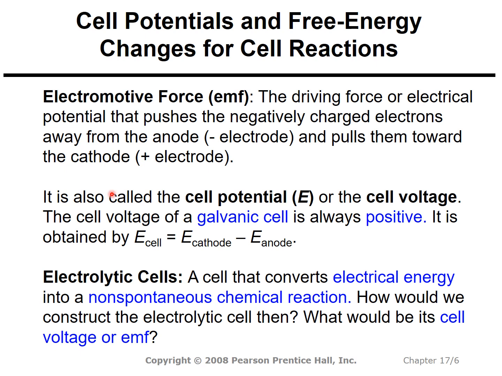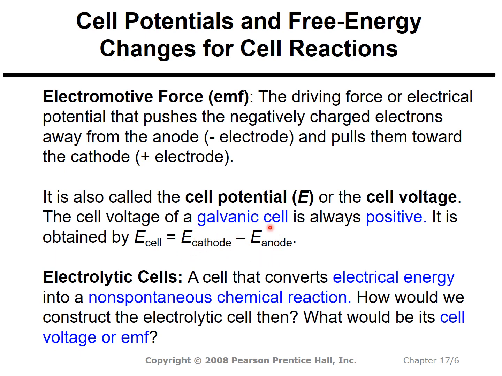The electromotive force is also called the cell potential or the cell voltage. The cell voltage of galvanic cells is always positive. Never mind at this point. It is obtained by: cell potential is equal to the potential of the cathode minus the potential of the anode.